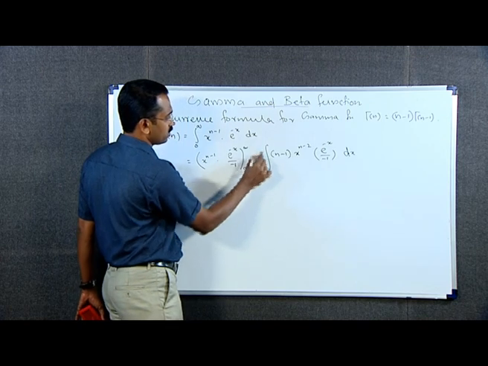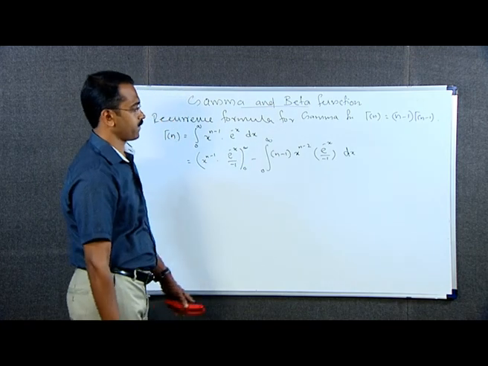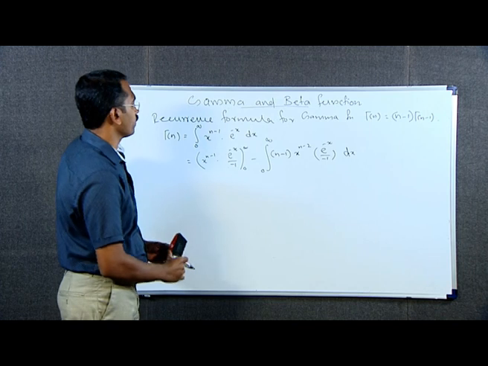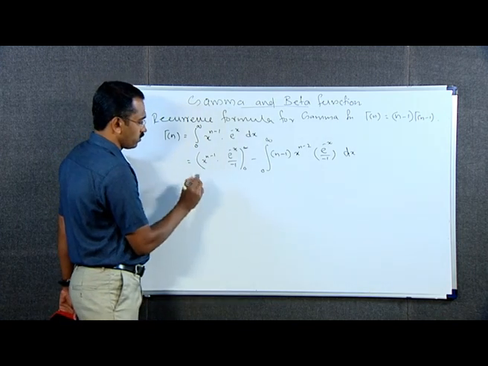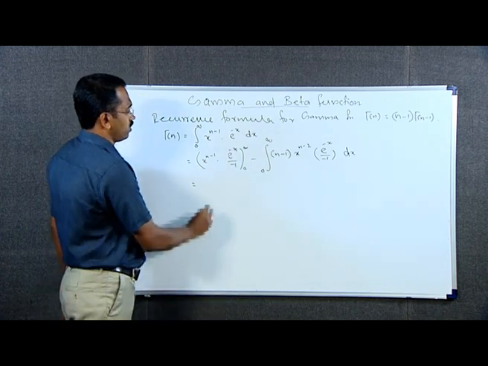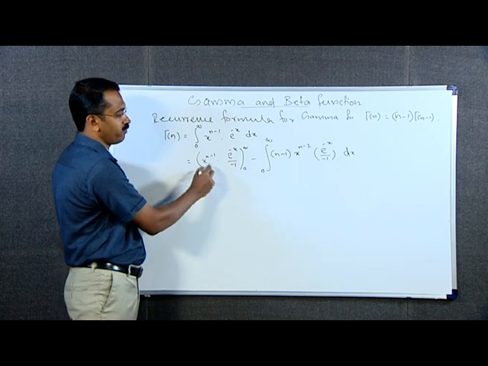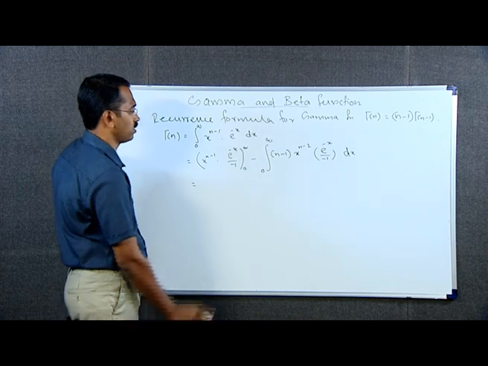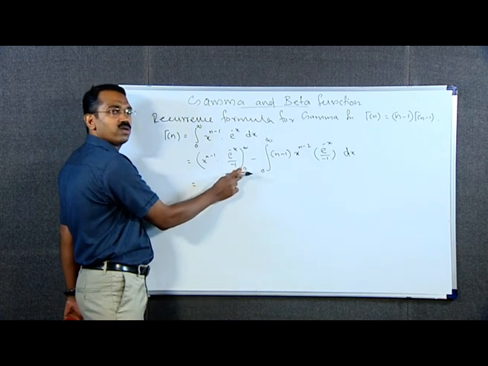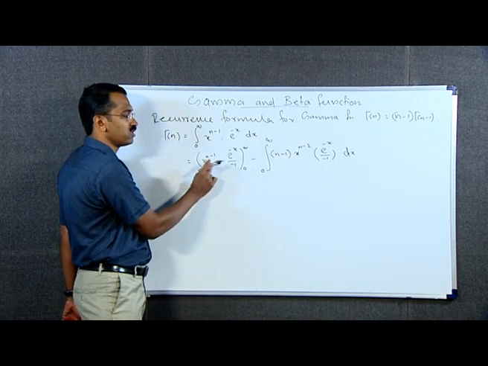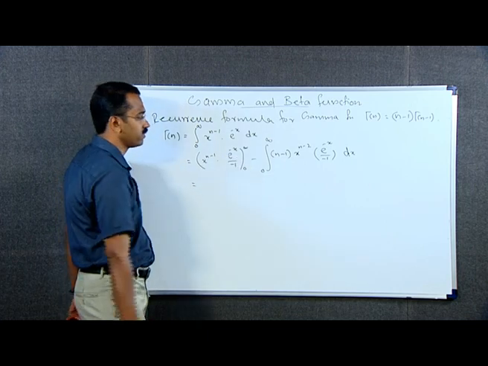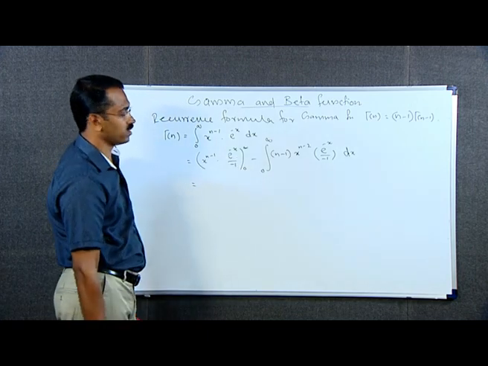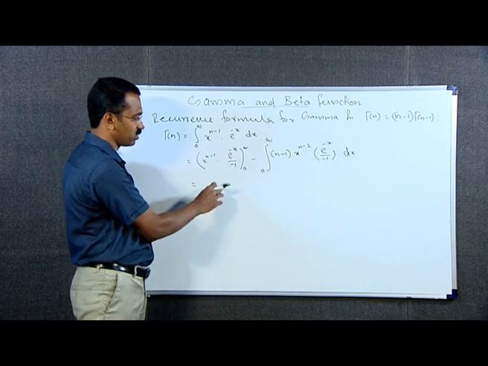Limits are 0 and infinity. This is equal to, the value of this term is 0, because if we put the lower limit here, 0 into e raised to minus 0 divided by minus 1, it will become 0.